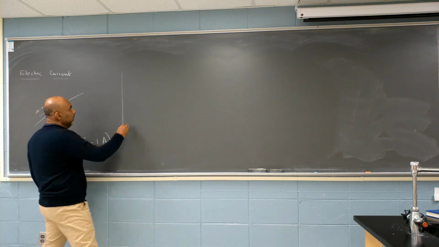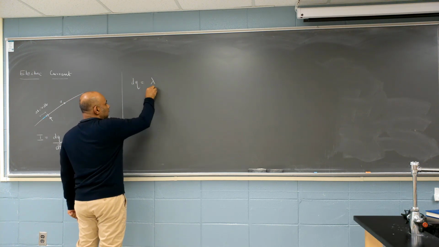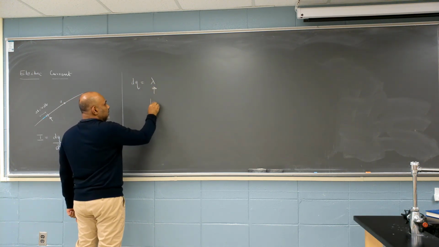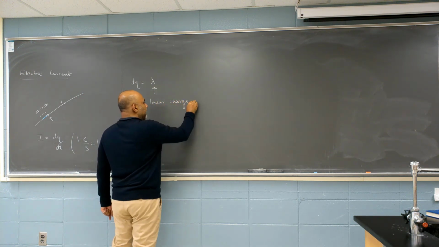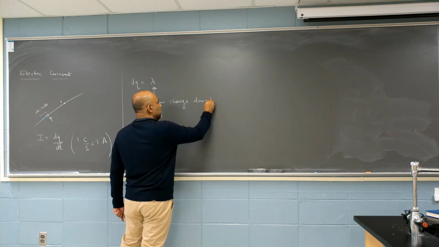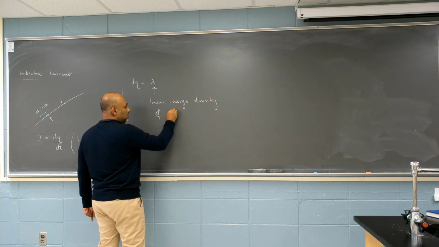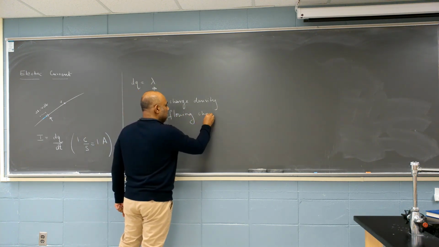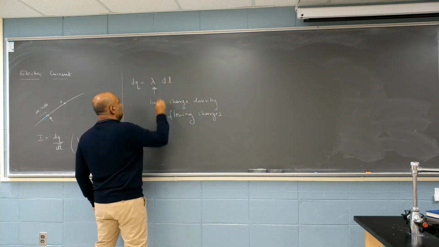Well, that's easy. dq is nothing more than lambda, which is the linear charge density of flowing charges, times dl.